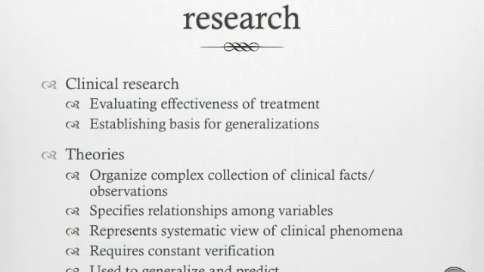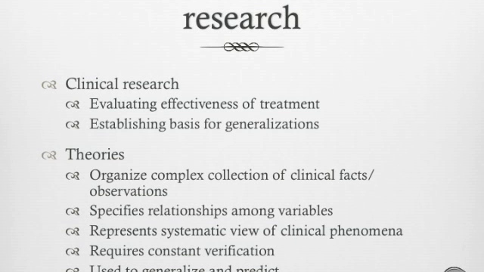Scientific theory deals with the empirical world of observation and experience and requires constant verification. We use theory to generalize beyond a specific situation and to make predictions about what should happen in other similar situations. The validity of these predictions can be tested through research.